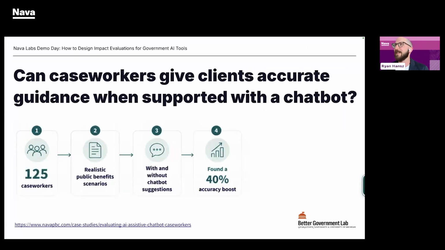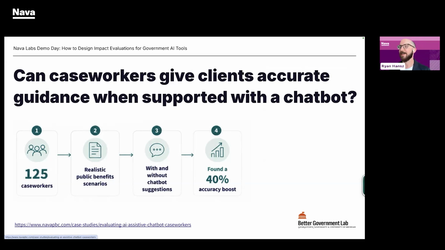For this tool, we partnered with Better Government Lab to do a deep evaluation on the chatbot specifically, and trying to answer this question, can caseworkers give clients more accurate guidance when they're supported with the chatbot? And there's a link to a case study with a lot more details about the methodology and what this looked like, but I'll just give a quick overview, and we'll put this link in the chat soon.